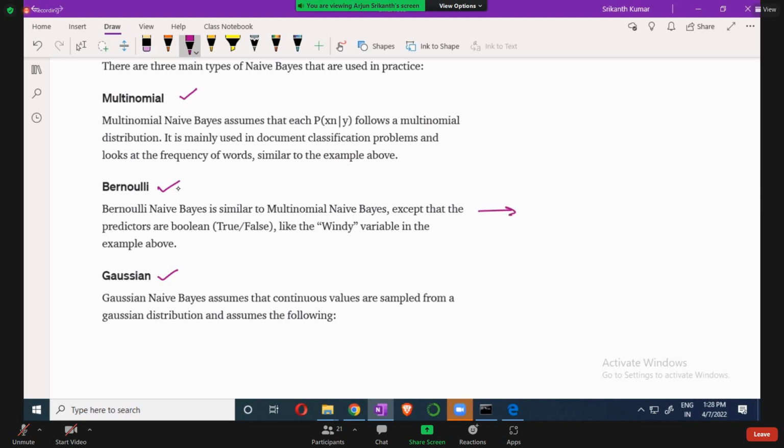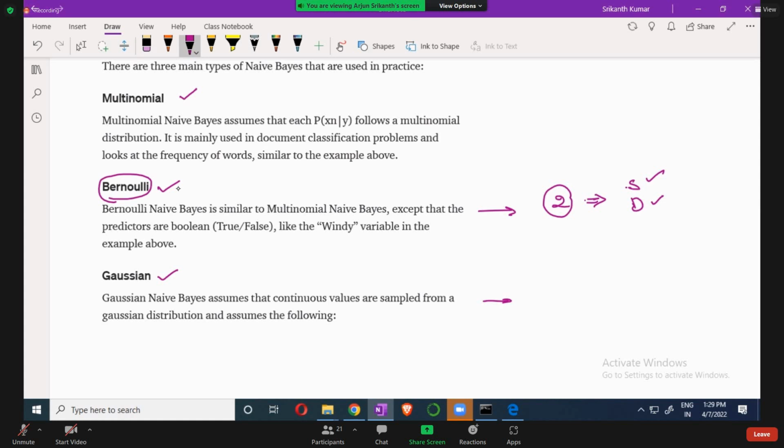When there are two outputs, we will use Bernoulli. For example, the Titanic: either the person has survived or not survived. Is there any middle? No. Either he survived or not survived. When you are dealing with such a problem, you are going to go with Bernoulli.